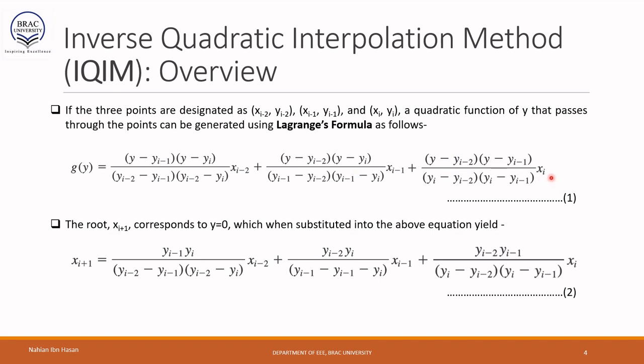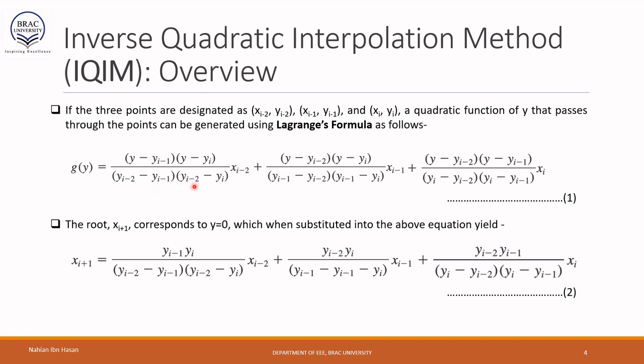Now let's look at the denominator. In the first case, our multiplicative term is x_{i-2}, so we subtract the other y terms, that means y_{i-1} and y_i, from the y_{i-2} term. So that's the pattern: we subtract the other y terms from the corresponding y_{i-2} term.